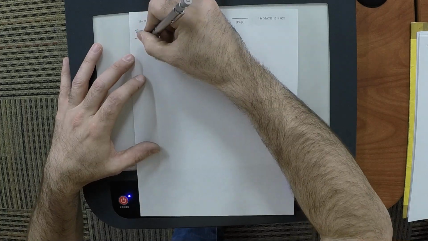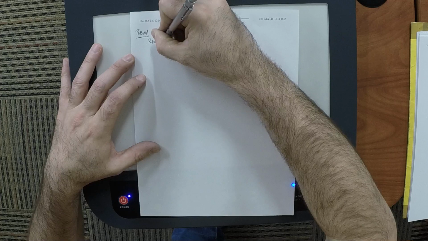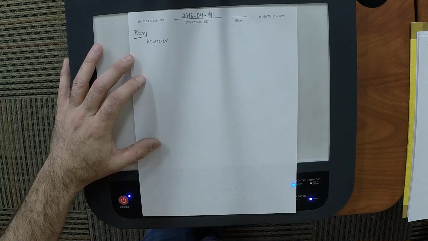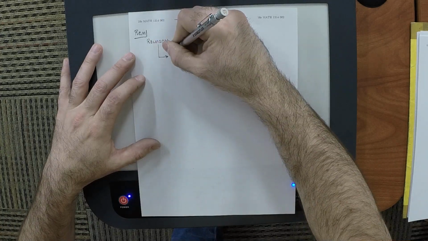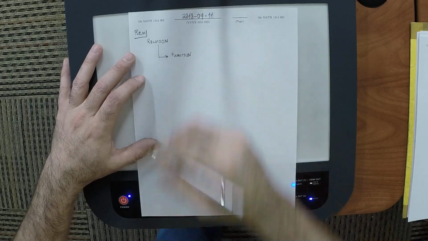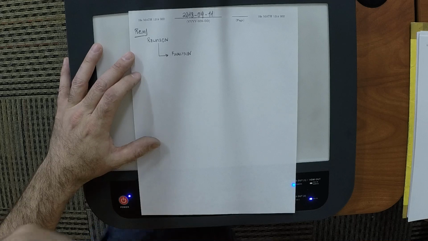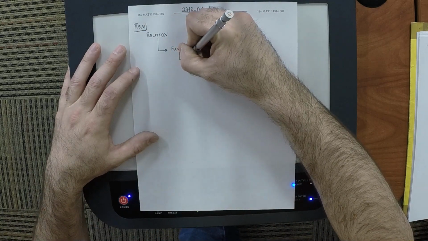So we've been discussing these concepts. A relation. A function is a specific kind of relation, and then we're also interested in specific kinds of functions.